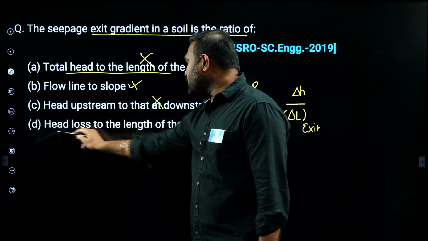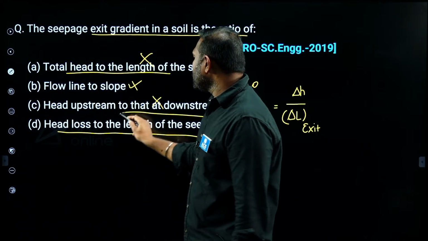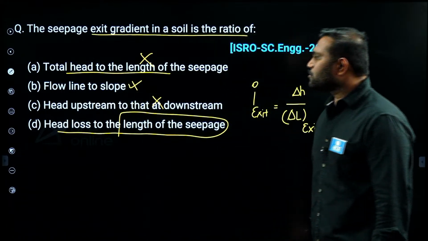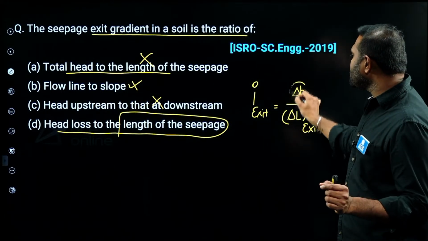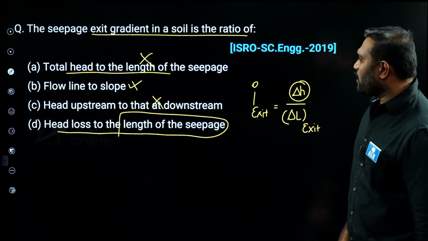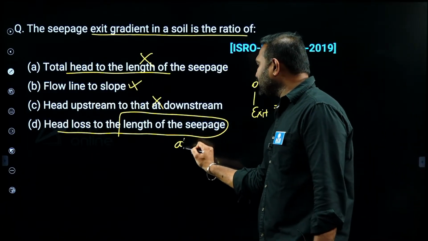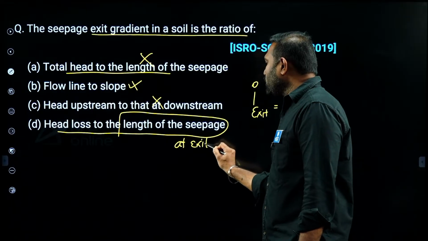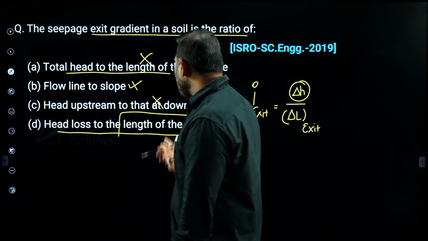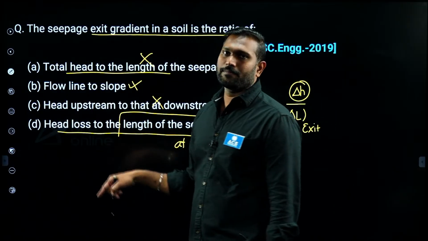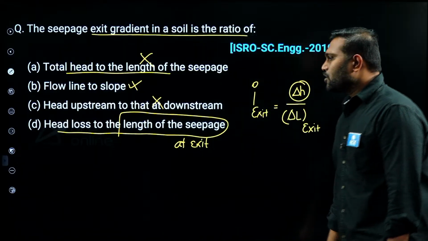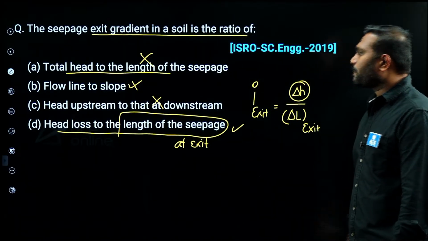No. Head loss to length of the seepage. Actually head loss to the length of the seepage at exit. It has to be mentioned as head loss to length of the seepage at exit. So the correct answer is option D.